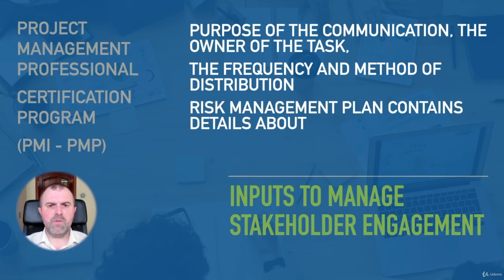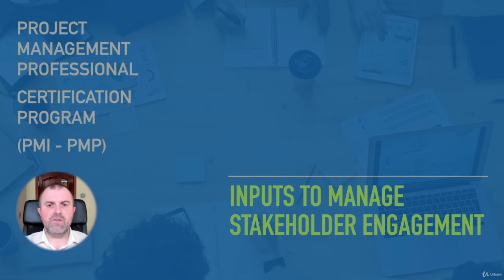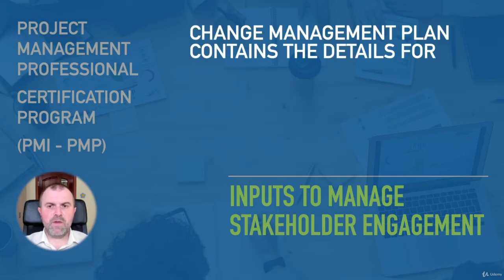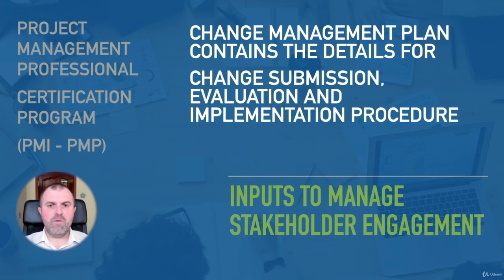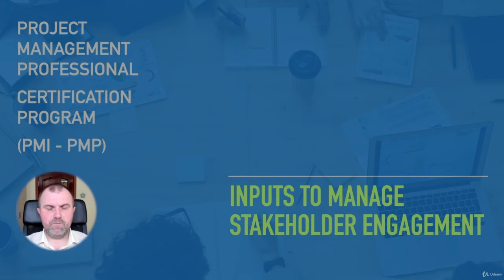And the risk management plan contains details about risk categories, appetites, and reporting formats that are helpful for managing stakeholder engagement. And finally, the change management plan contains the details for change submission, evaluation, and implementation procedures, which will be useful if you have to submit any changes as a result of managing stakeholder engagement.